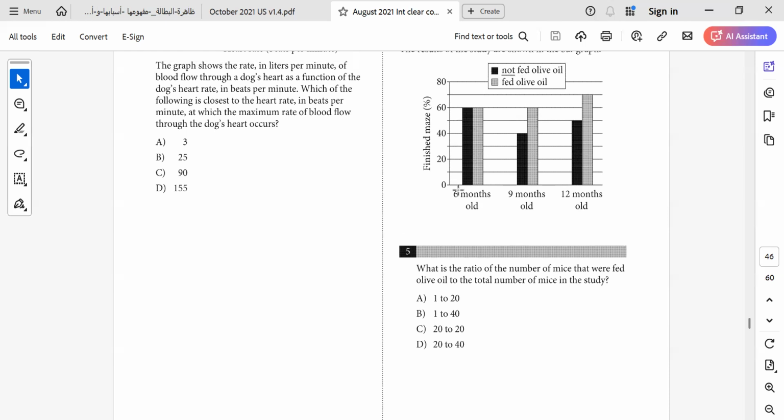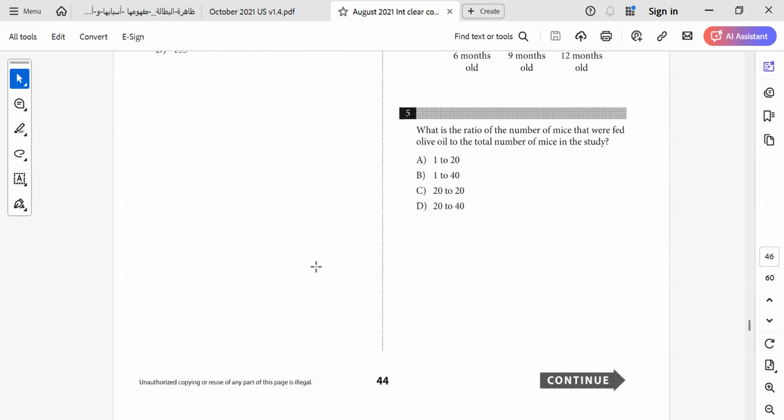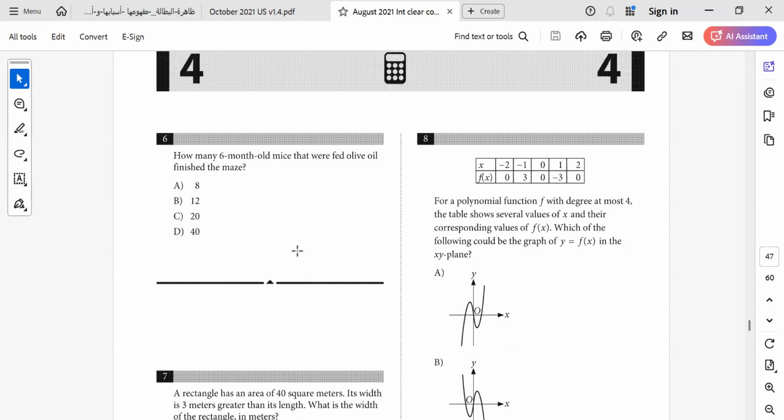Based on this graph, the question asks how many 6-month-old mice will finish the maze. Fed oil is the gray bar, right? So how many 6-month-old mice are in the gray bar, the first bar here? There are 60. The question says again, how many?